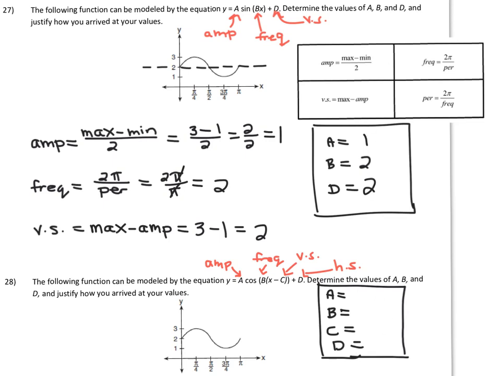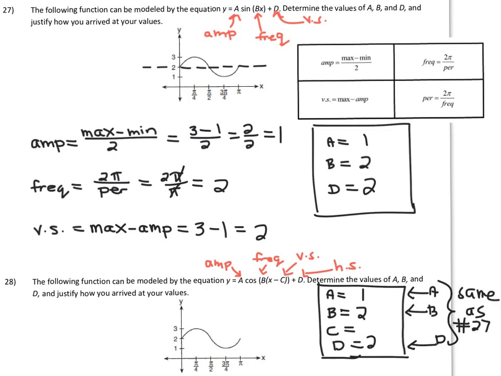The amplitude was 1. The frequency is 2, and the vertical shift is also 2. So A, B, and D are the same as above. I'll just say same as number 27.